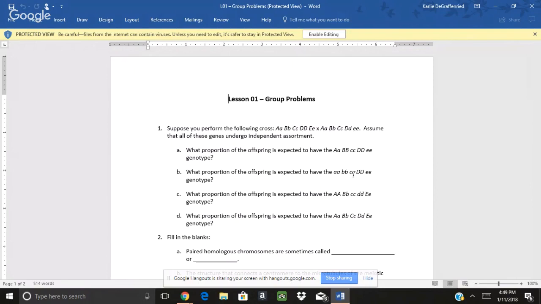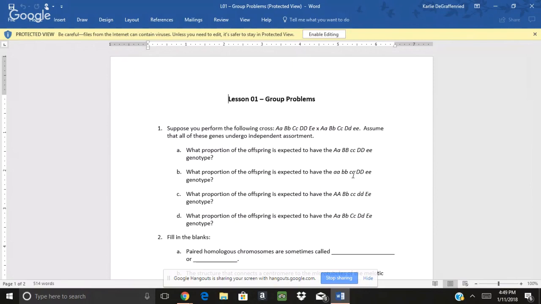Part C, what proportion of the offspring is expected to have the following genotype? All right. I have that there is a 0 proportion there.